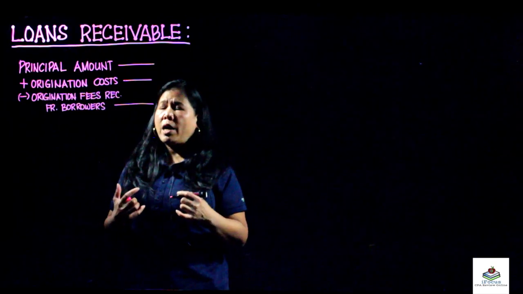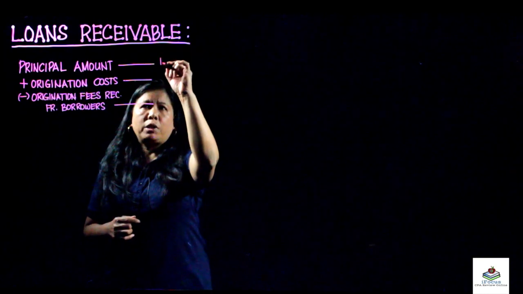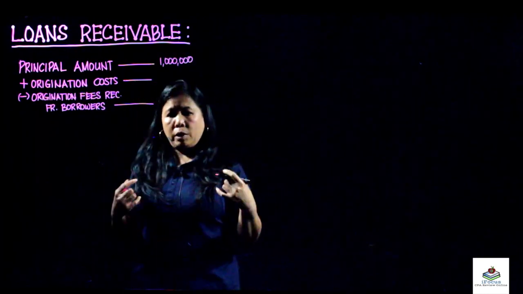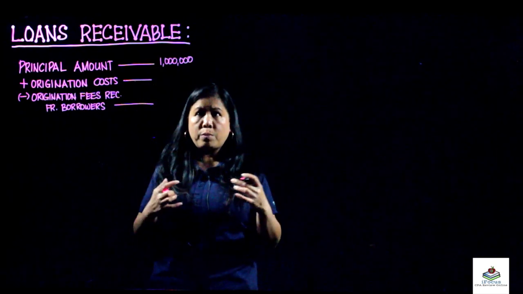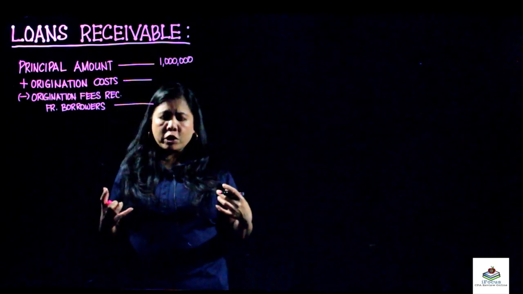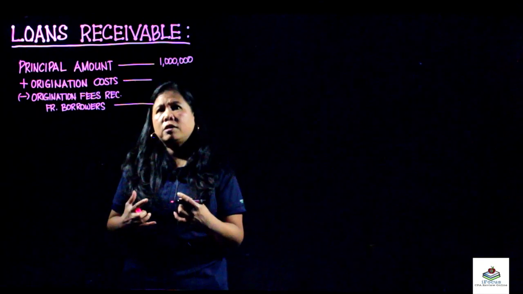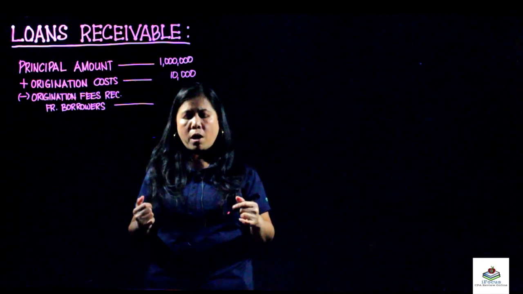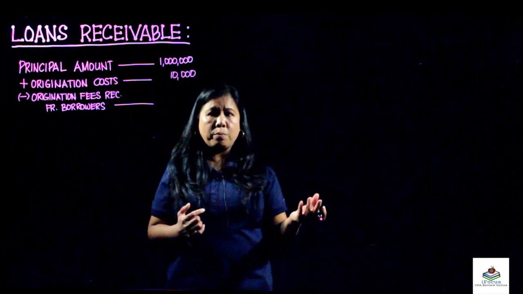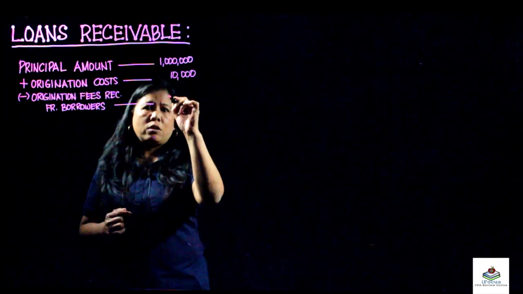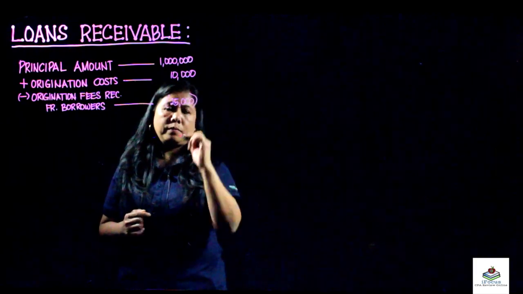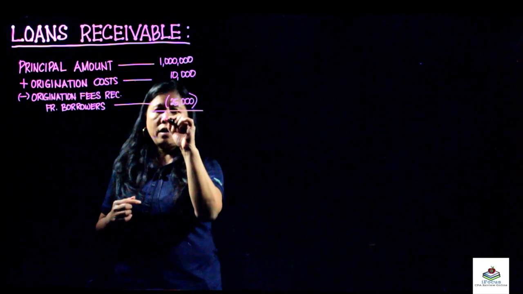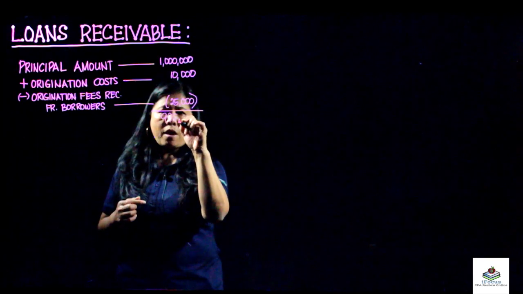Let's say, for example, we have a principal amount of 1 million, so the bank granted a 1 million loan to the borrower. Then let's say our origination cost is 10,000. The origination fees received from the borrower, or the amount charged to the borrower, is 25,000. We get our initial carrying amount as 985,000.